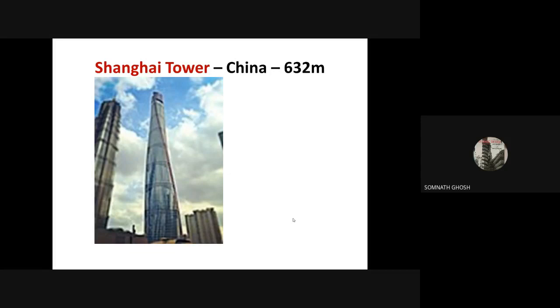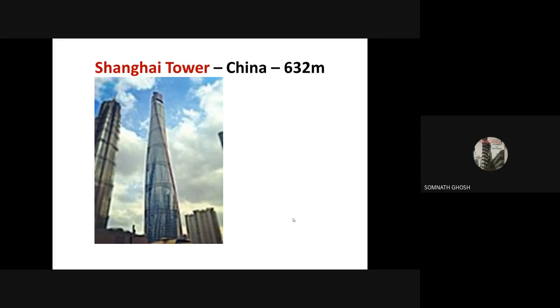Because with some architectural treatment, we can also reduce the effect of wind. Rather, you can say the building will be more economic, just if we make some architectural treatment.